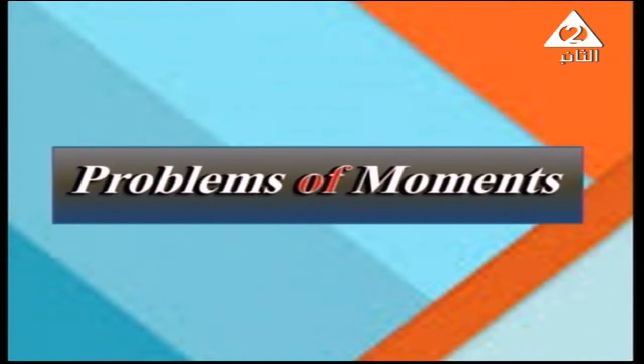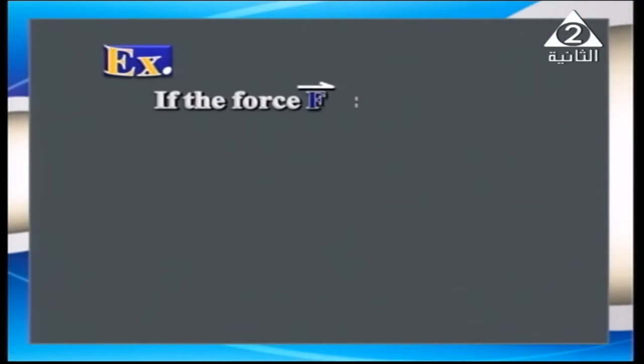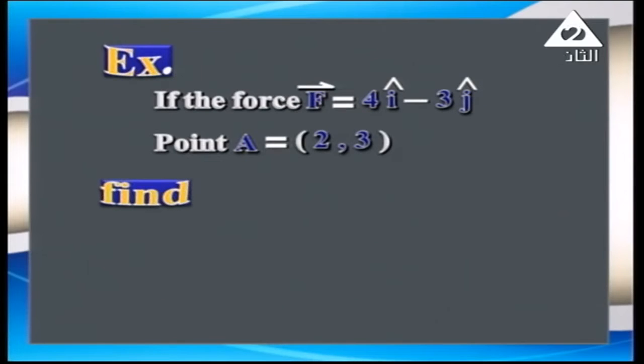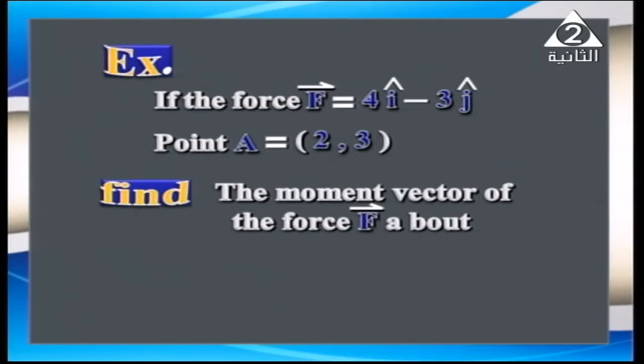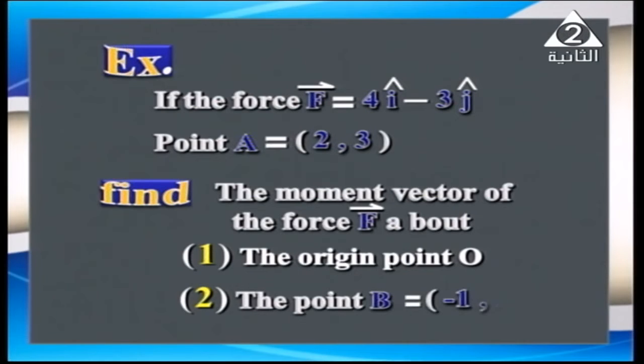My dear student, look at the first example. Problems about moments. First example. If the force F equals 4I minus 3J acts at point A (2, 3), find the moment vector of the force F about, number 1, the origin point, and number 2, the point B, whose coordinates are (-1, 2).